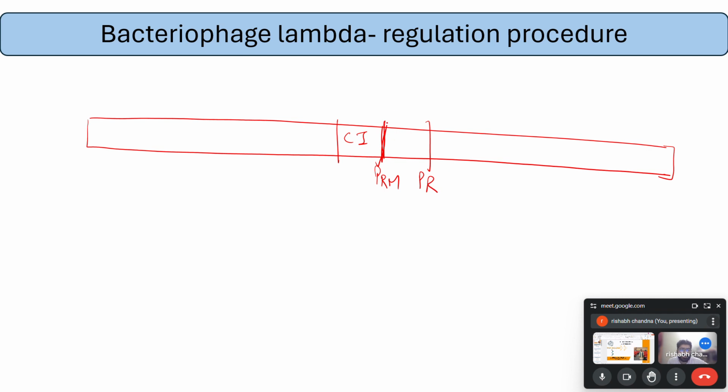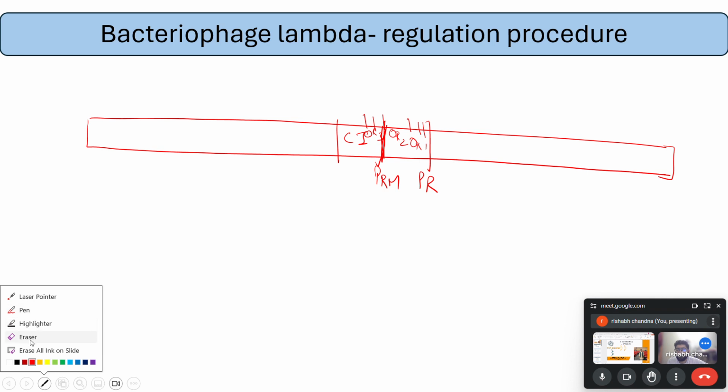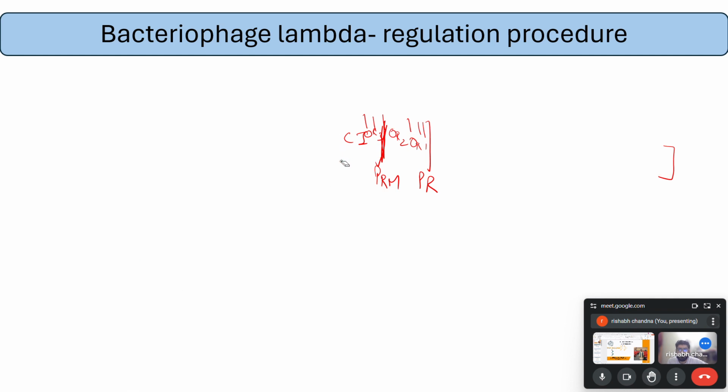These have three operators. One is here, the other one is starting from here and ending here, and the third one is just adjacent to that. So OR1, OR2, and this is OR3. Okay, so now, wait a second, we'll draw it.